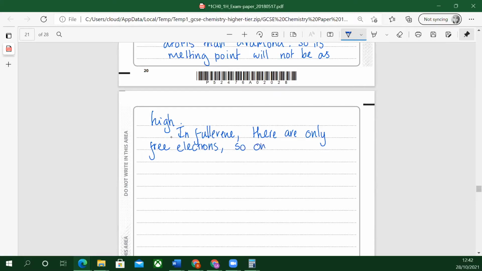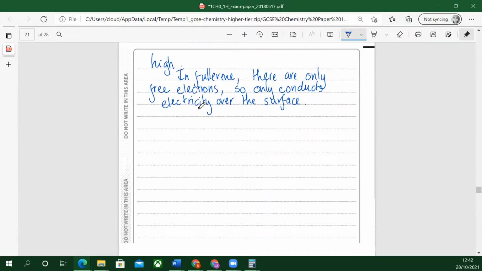So it only conducts electricity over the surface. Okay. It's kind of in between, isn't it, though? So fullerene's kind of in between diamond and graphene, because they're all what's called allotropes of carbon.